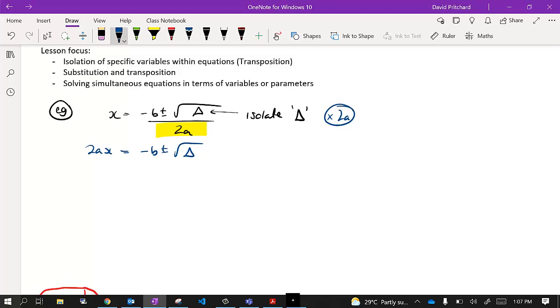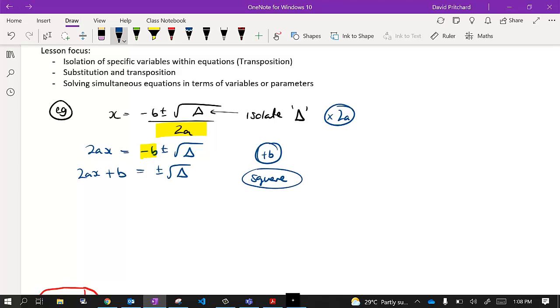The second step would be we need to get rid of this negative b. So to get rid of negative b, we would add b to both sides, and we end up with 2ax plus b is equal to plus or minus square root. And the last thing we need to do to isolate that discriminant is we want to square both sides.